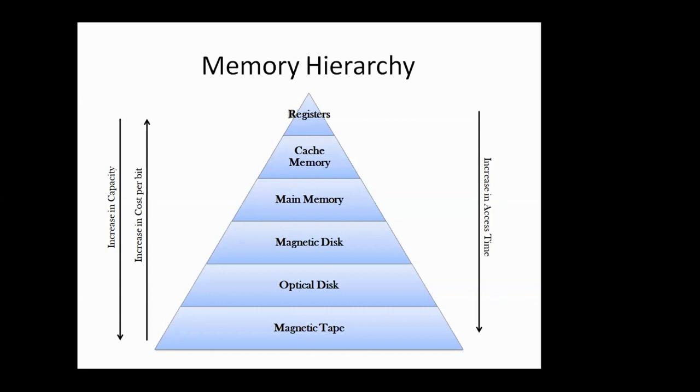Since the cost per bit of a magnetic disk is very less, we usually have a half TB or 1 TB magnetic disk, but the cost to store 1 bit in cache memory is very large. So we usually keep a small cache memory in computers because we cannot afford a larger cache. It would be very, very costly. So this is the reason that we have a pyramid-like structure like this.